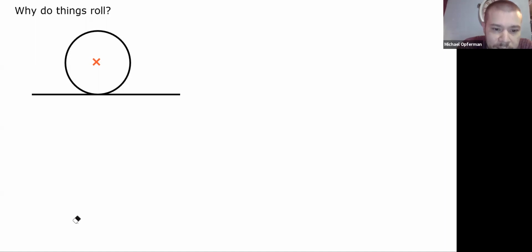Where the action is actually happening is down here. The point of contact between where the object touches the ground. Now, we know that at the point of contact, there's going to be a normal force pointing upward.